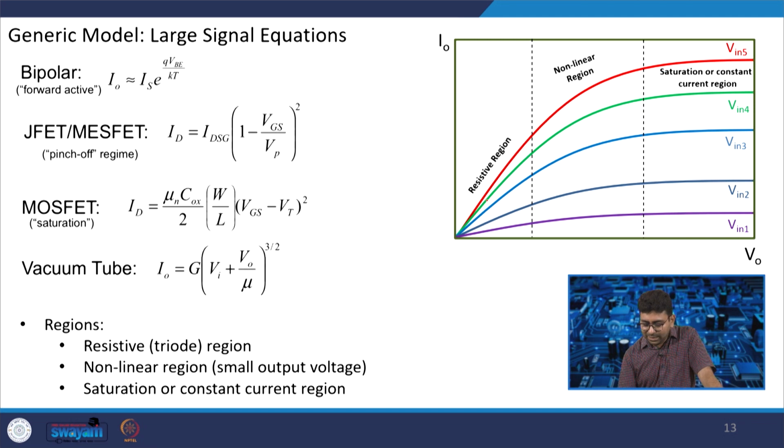This is very important as far as active components are concerned, because if you are a device engineer and you make a device which does not have these characteristics, then it cannot be used as an amplifier. Here the output current is a function of output voltage with various variations in the input voltage.